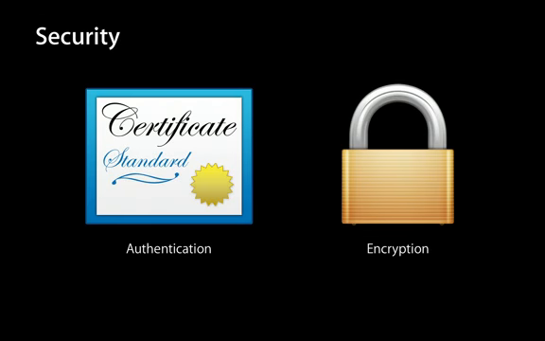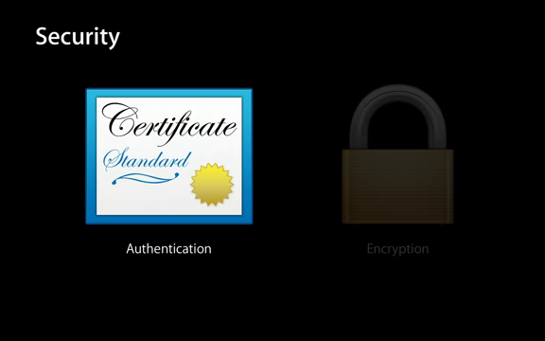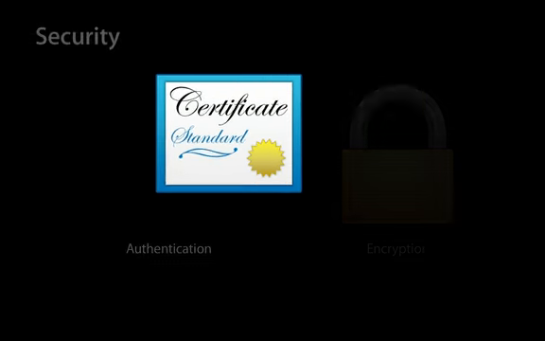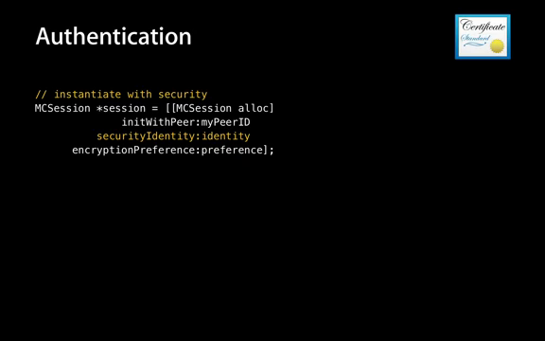Let's now take a look at how you can set up security. We provide two things for you: support for authentication and encryption. So let's take a look at how you can set up authentication. To set up authentication, you'll want to instantiate your session object using a different init method.